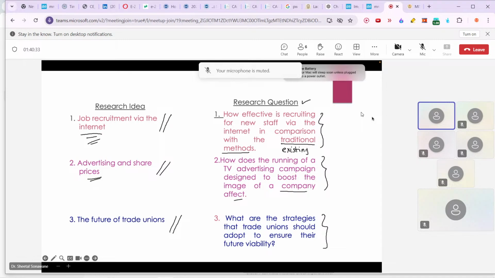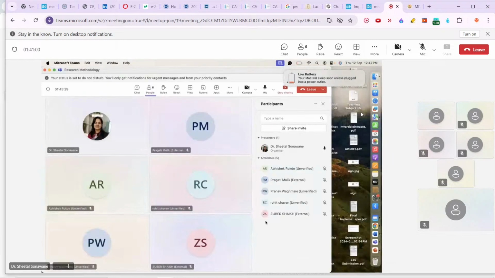Okay, let us check the attendance. MEC and MEDS. MECS, roll number one. It is 5101.